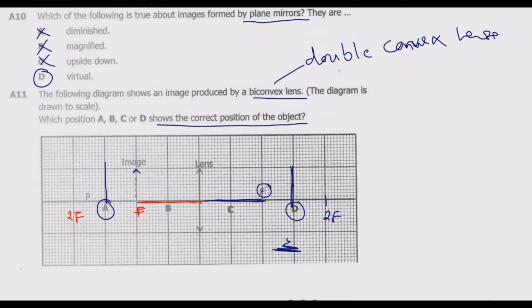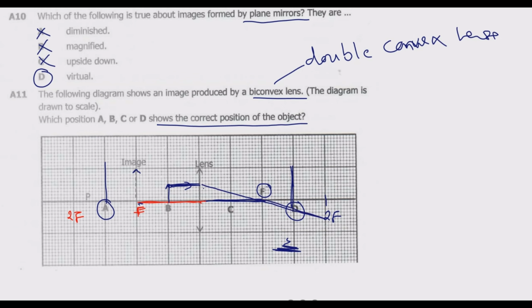So if you look at B, if I was to draw the object here, remember the ray needs to pass through the focal point. So it can't pass through here, because if it passes through here, it will be difficult. So I draw a parallel line, which is the ray of light from the object. Then it will pass through basically the focal point like this.